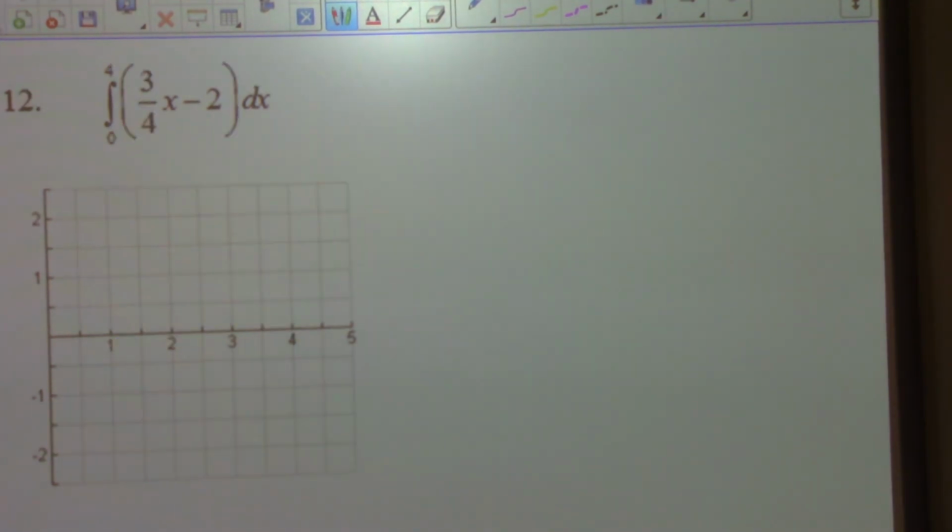So the last one I want to look at here on this one is right here. So we get 3/4 x minus 2. So go work that one out quickly.